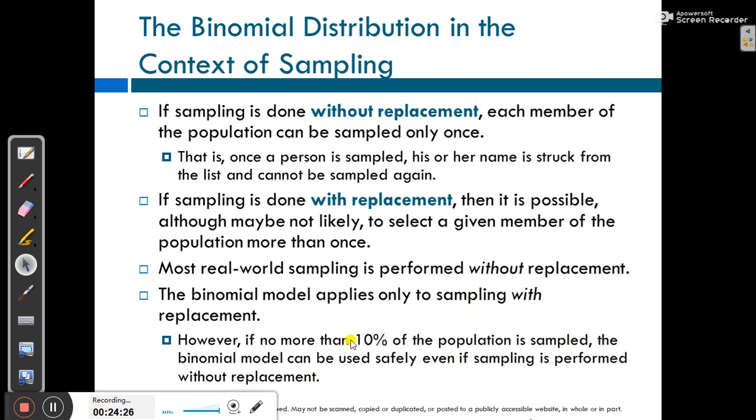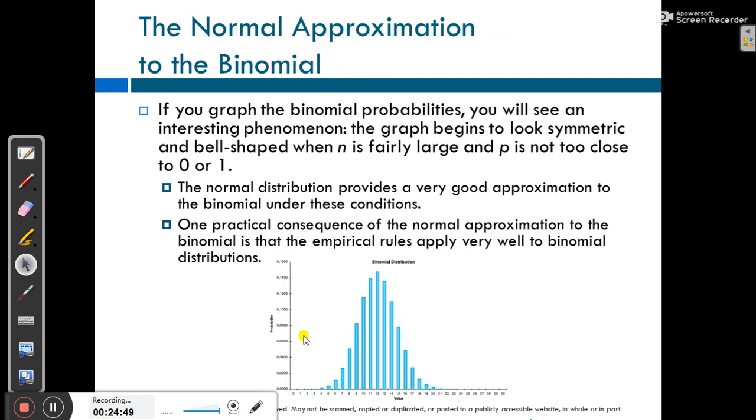So here you can see, if more than 10% of the population is sampled, then we have to be careful about dependency, but if it is less than 10% of the population, then the binomial distribution will work. So here you can see in this graph.